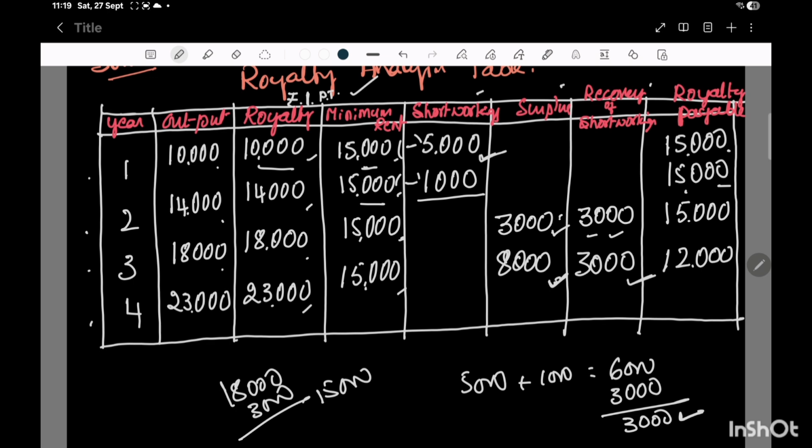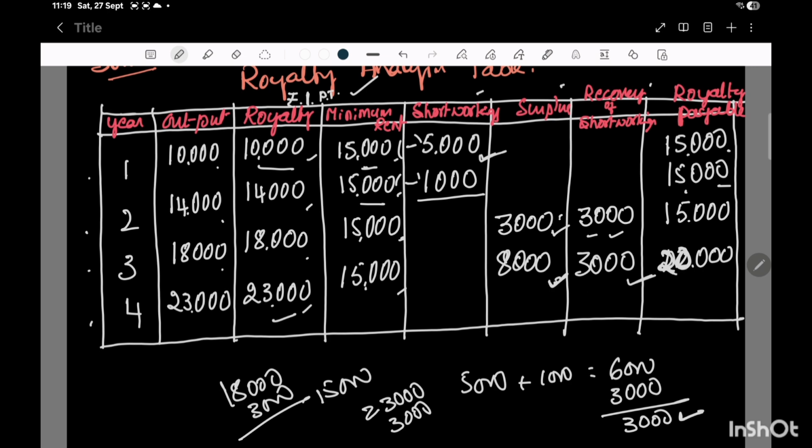And in the fourth year, the royalty amount is 23,000, but recovery is only 3,000. So you have to pay the royalty of 20,000. Okay, this is how you are going to make the payment. So you are going to adjust only the amount that is recovered.